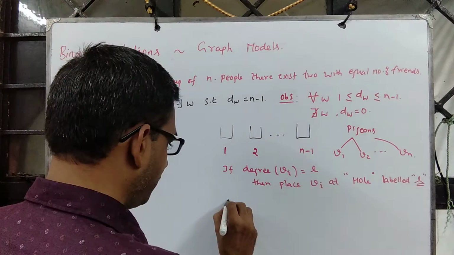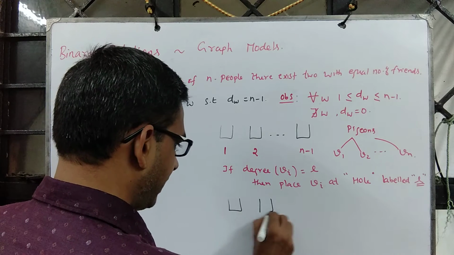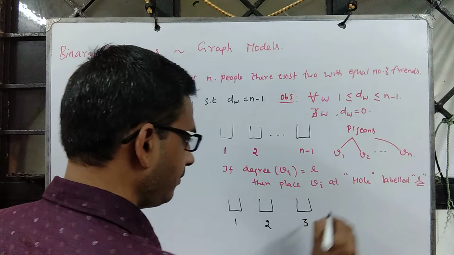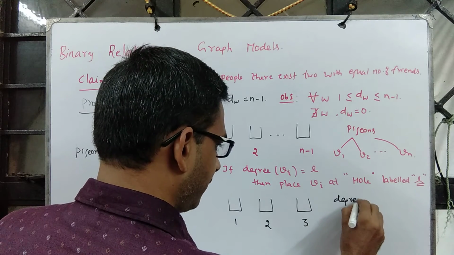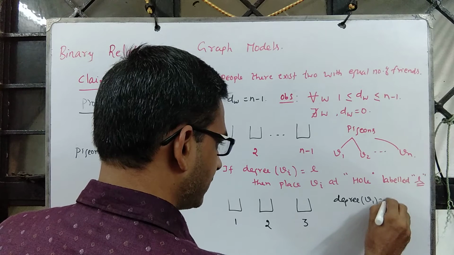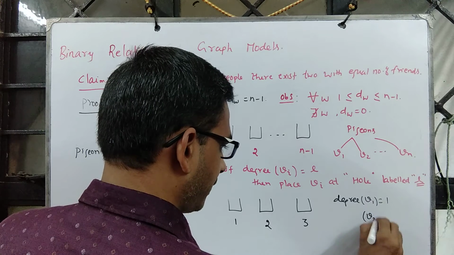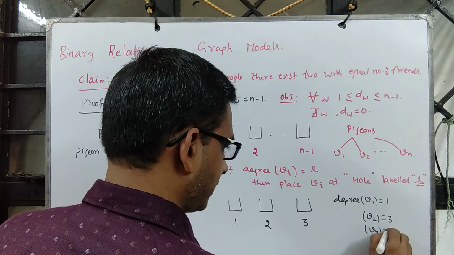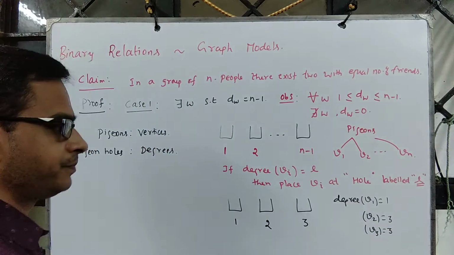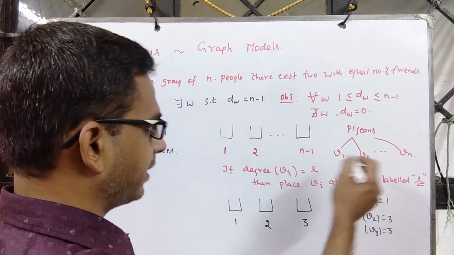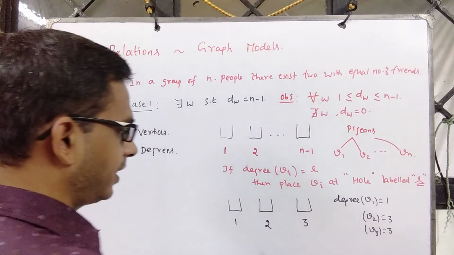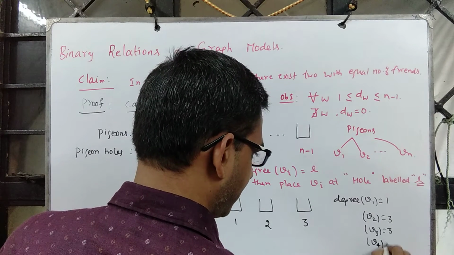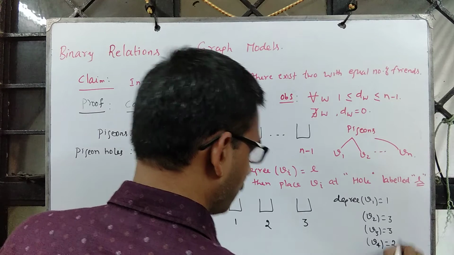So you come up with a distribution in such a way that suppose there are 3 of them, and degree of say V1 is say 1, and degree of V2 is 3, and degree of V3 is also 3, and so on. There are n pigeons and n minus 1 pigeonholes. Then say degree of V4 is say 2.